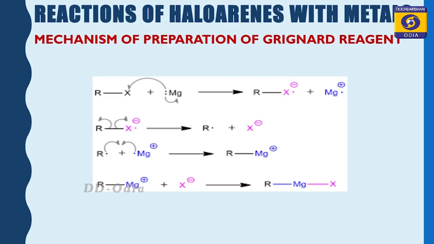The magnesium transfers its single electron to alkyl halide or aryl halide and makes it negatively charged. Thereafter, the halogen atom gets separated from the aryl group, thereby generating the aryl free radical, which combines with the Mg plus ion which was produced in the first step, producing RMg plus.